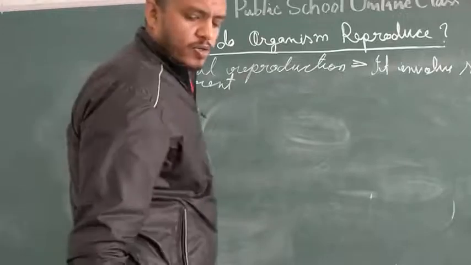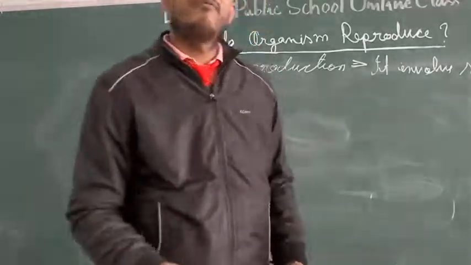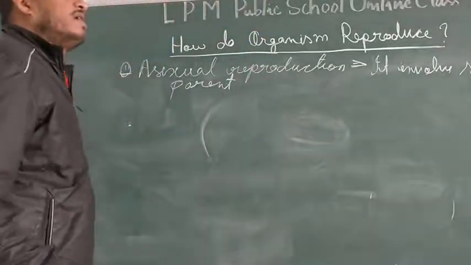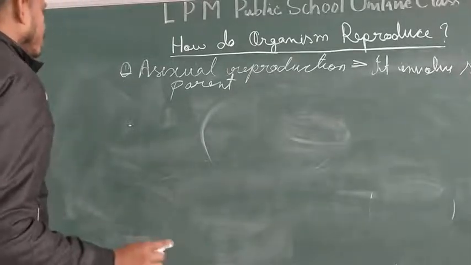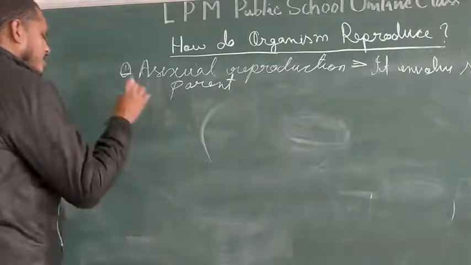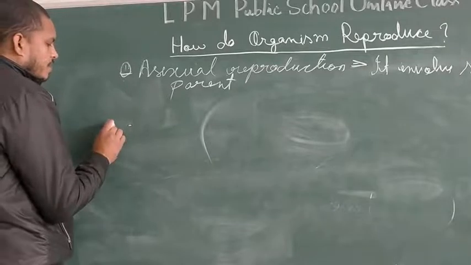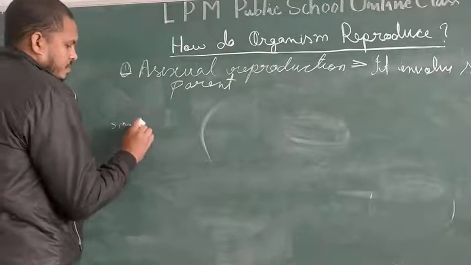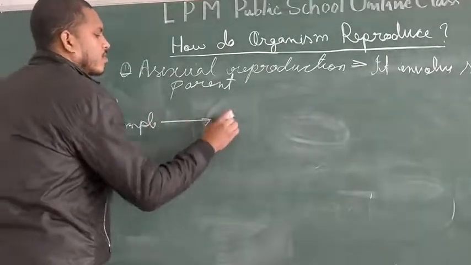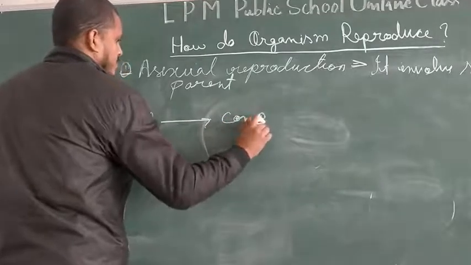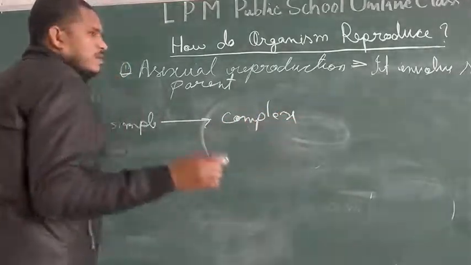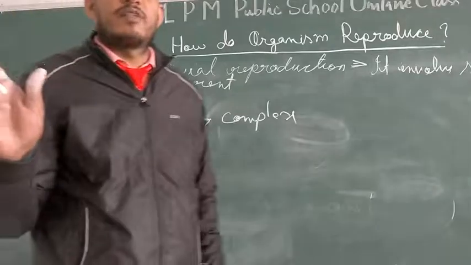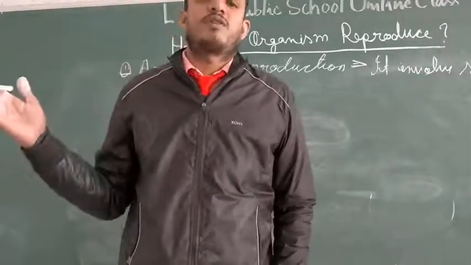The asexual mode of reproduction is the involvement of a single parent. Now, what are the different types of asexual mode of reproduction? I told you it moves from simple to complex. There is not a single type of asexual reproduction. There are different types of asexual reproduction.